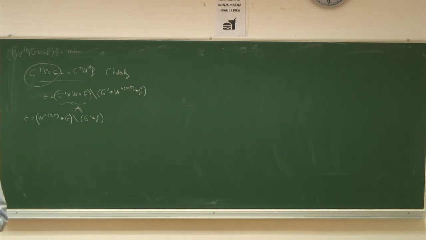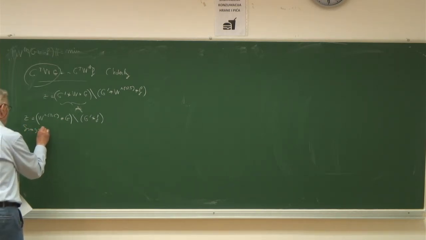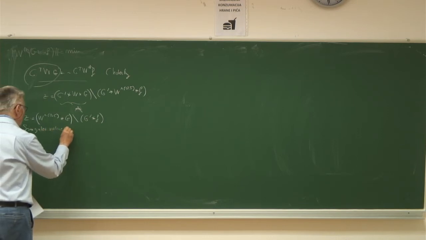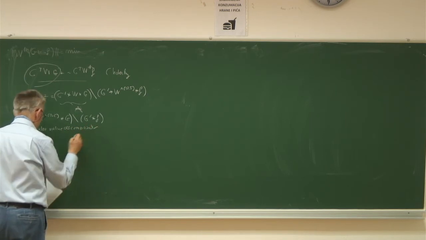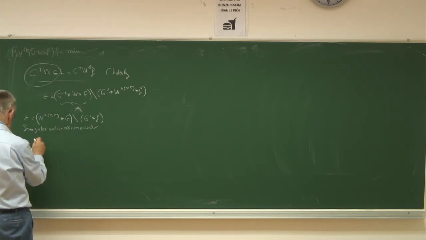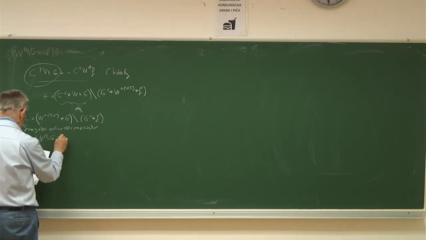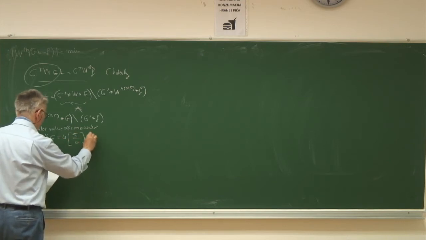And there is another way which may be recommendable in special situations. And this is to make the singular value decomposition: W^(1/2) G is equal to U sigma 0 V^T.